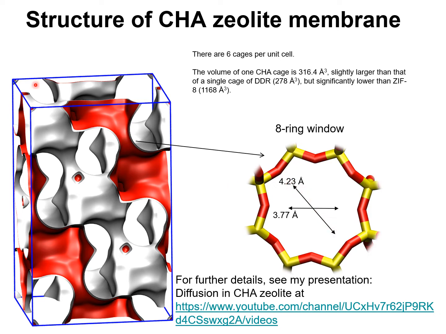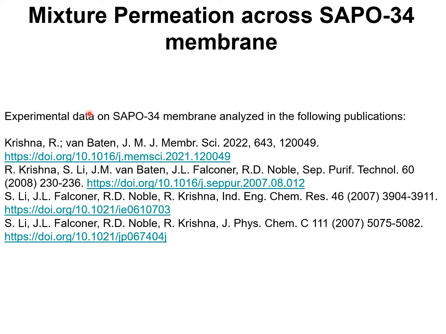angstrom in this direction. In the following slides, we examine and analyze the characteristics of permeation of a variety of mixtures across a SAPO-34 membrane. SAPO-34 has the same structural topology as chabazite zeolite.